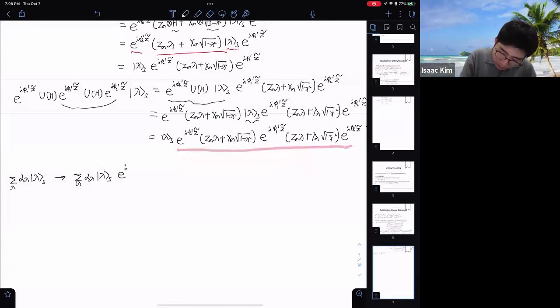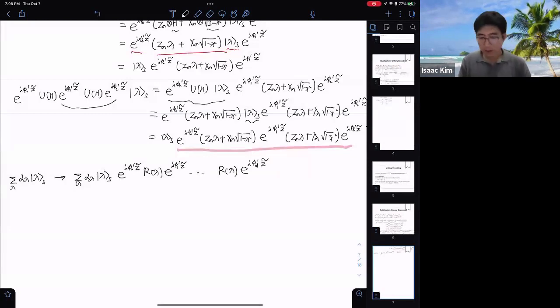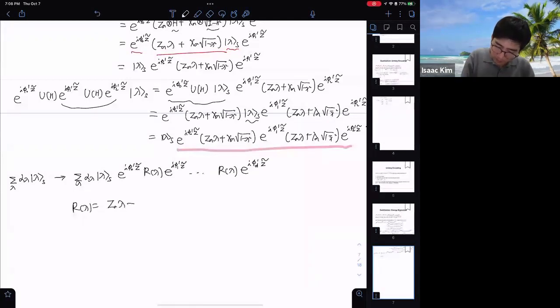You have e to the I psi 0 prime z tilde r lambda, which I'll define shortly, all the way to that, where r lambda is this simple operator.